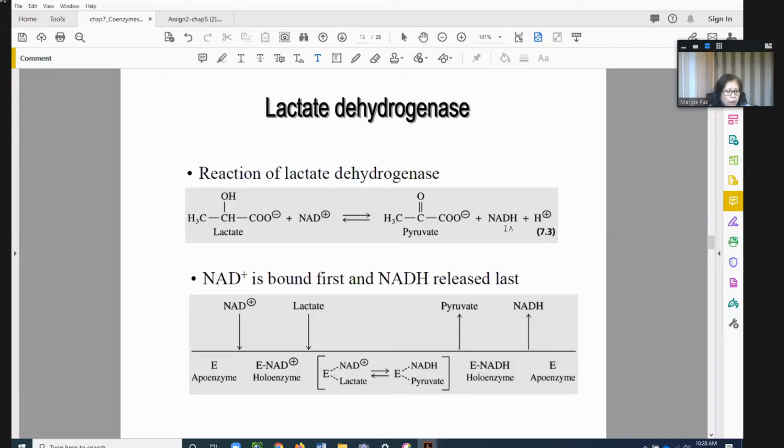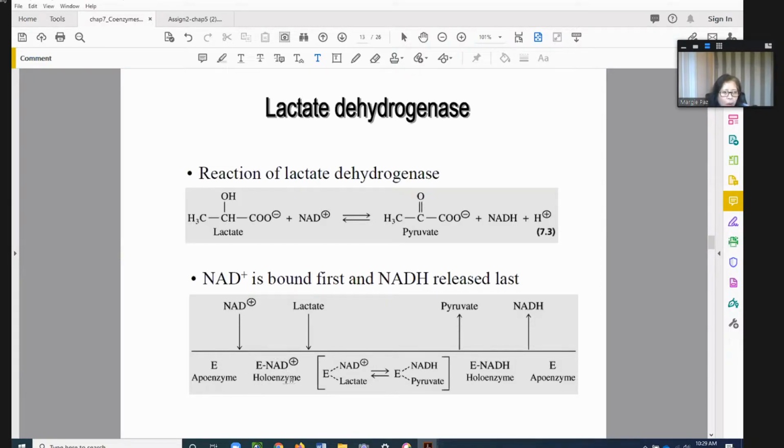One of the distinguishing features of lactate dehydrogenase enzyme, which is actually typical of dehydrogenases, is that it follows a sequential ordered mechanism. Remember last time we looked at sequential and ping pong, right? This follows a sequential ordered mechanism wherein the coenzyme is first bound to the apoenzyme to form a holoenzyme.